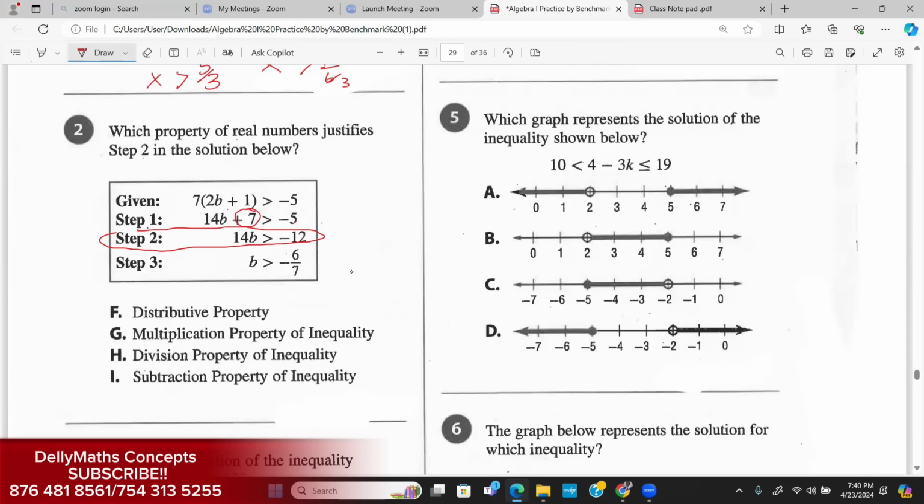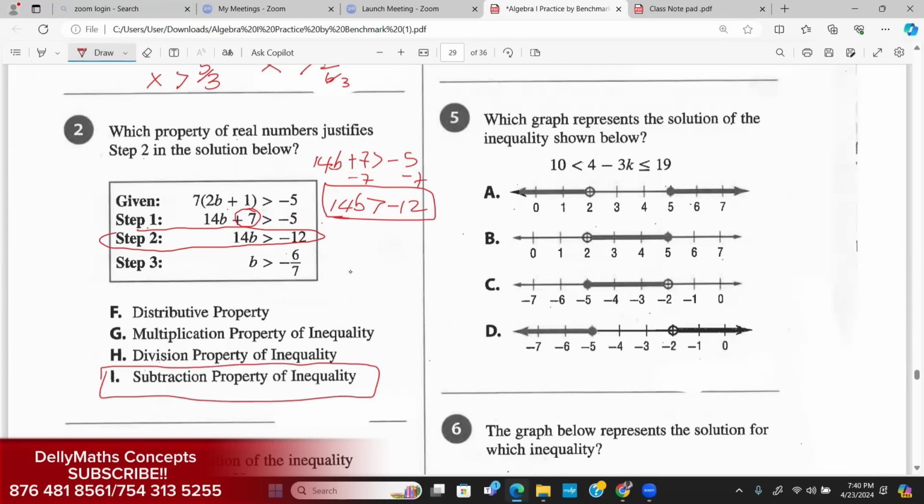What happened at step 2 is that we subtracted 7 from both sides. So that's the subtraction property of inequality.